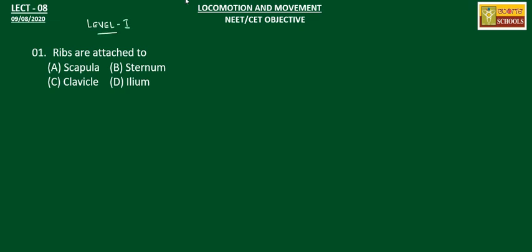Right, so ribs are attached to: the first option is scapula, second option is sternum, third option clavicle, and ilium.